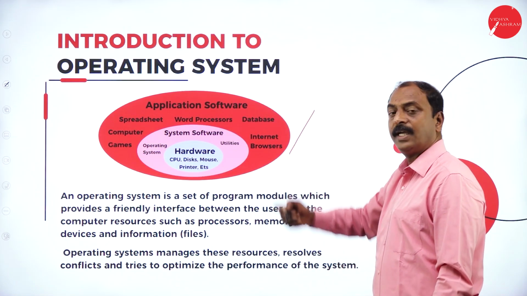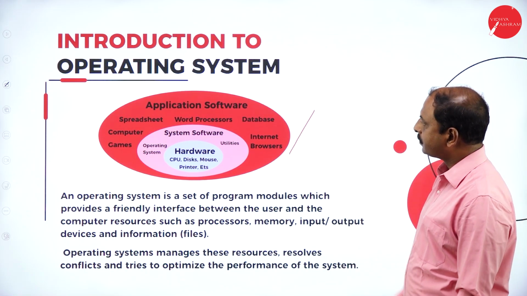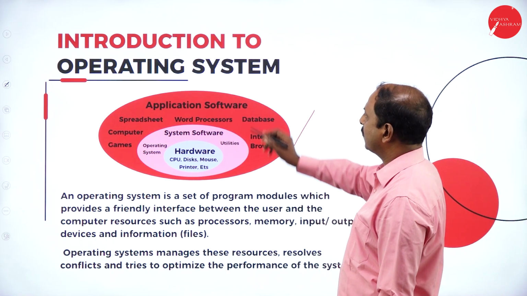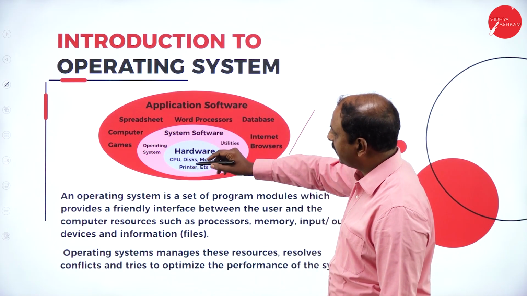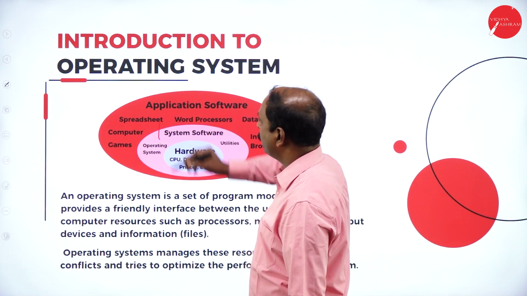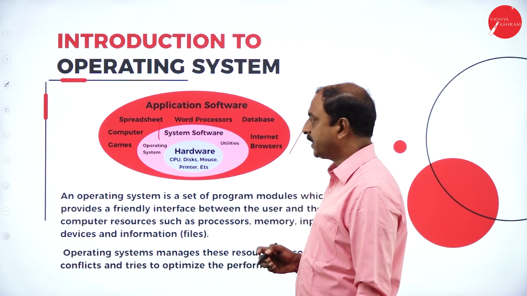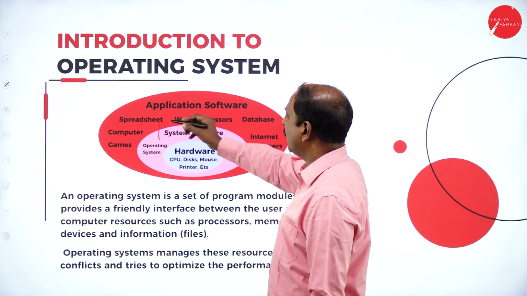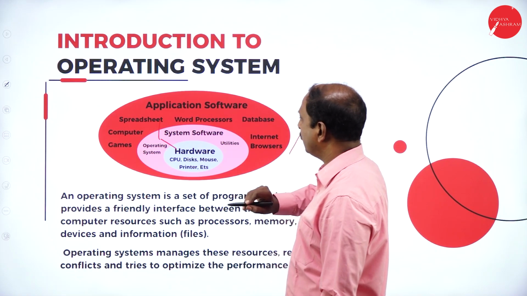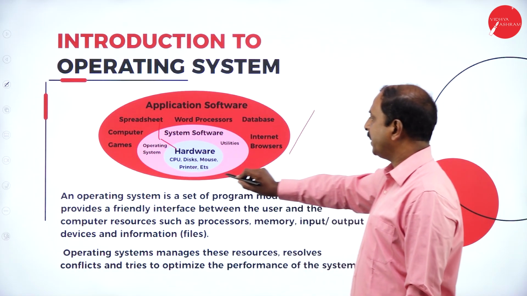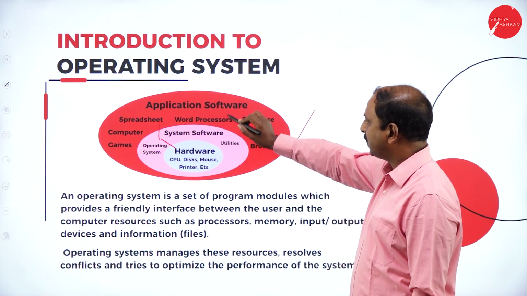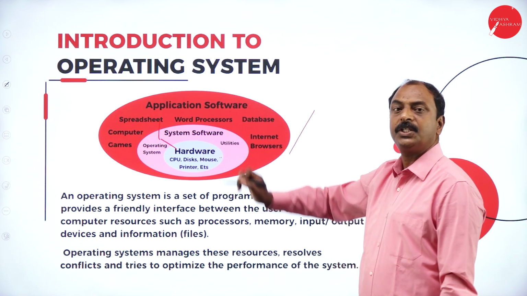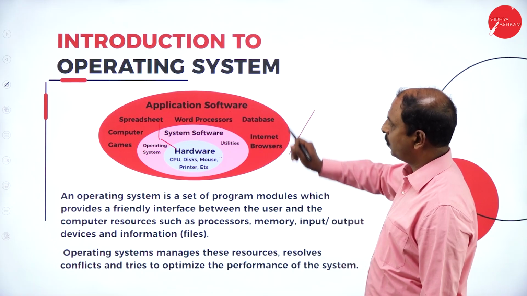By looking at the diagram, we can make out the system software. Here I'm talking about the operating system. It is an interface that connects these two layers, the application software as well as the hardware. So it acts as an interface between the hardware and the user, or hardware and application programs.